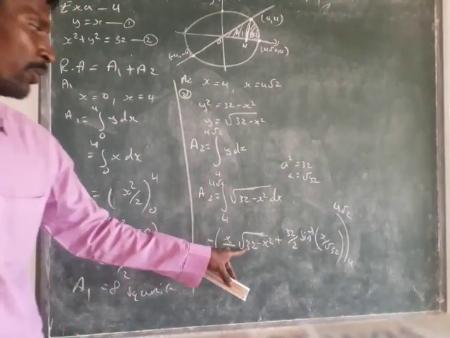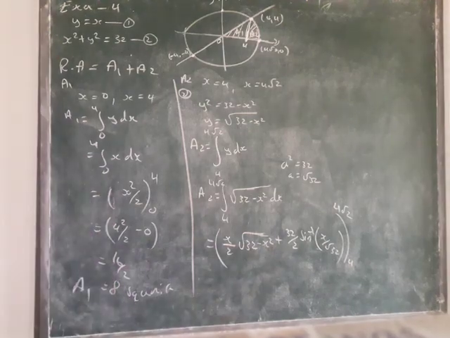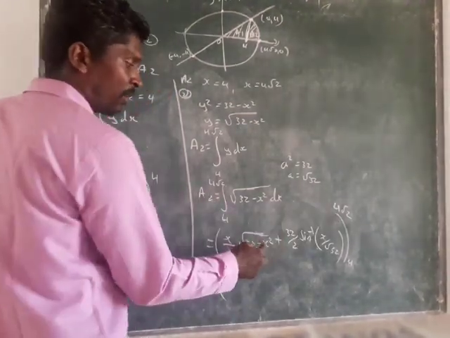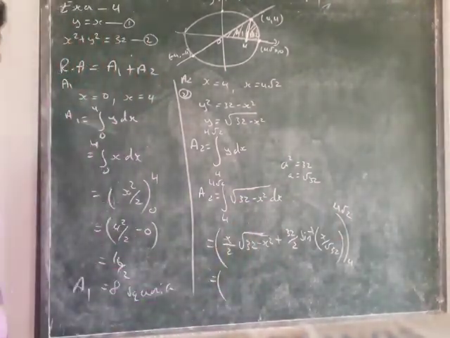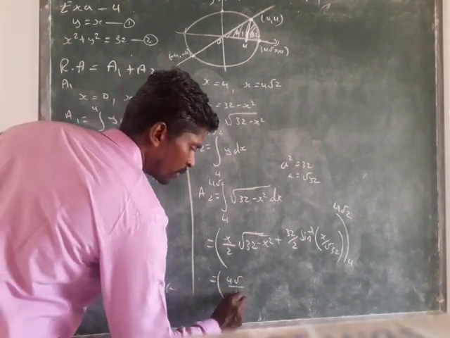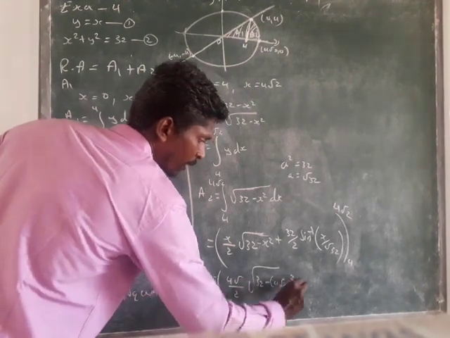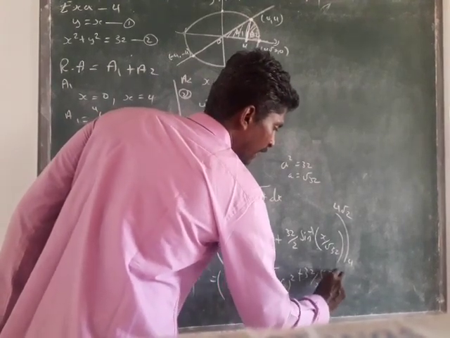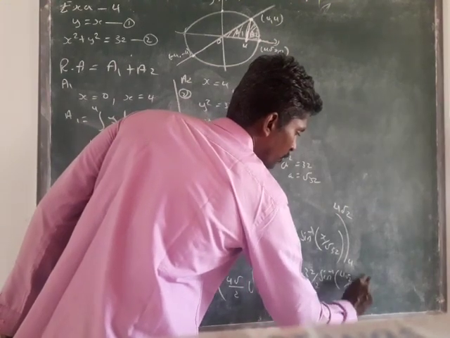When x is 4 root 2, x by 2 times the square root of 32 minus 4 root 2 the whole squared. 4 root 2 squared is 32, so 32 minus 32, the entire value becomes 0. Plus 32 by 2 times sine inverse of 4 root 2 by root 32.